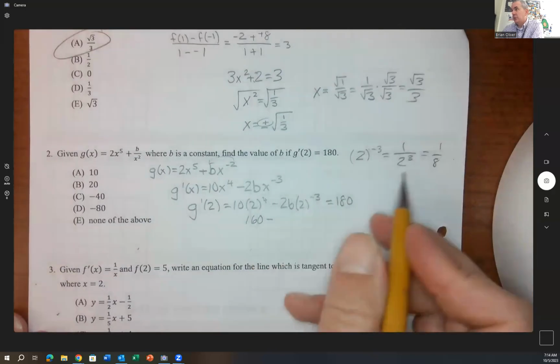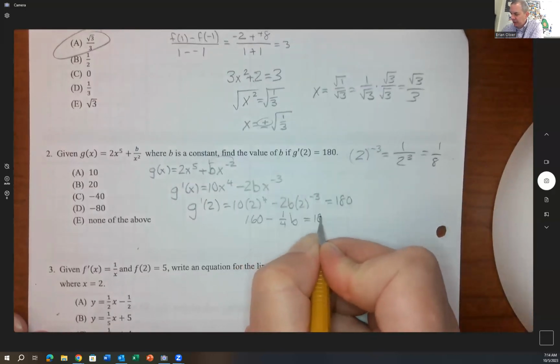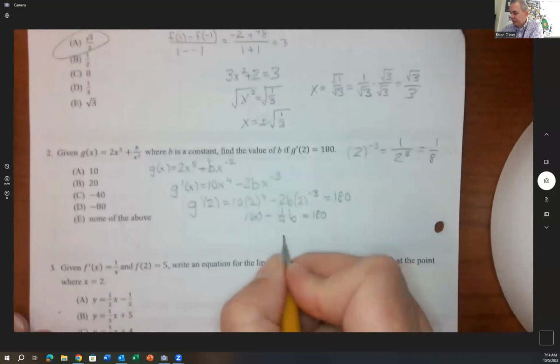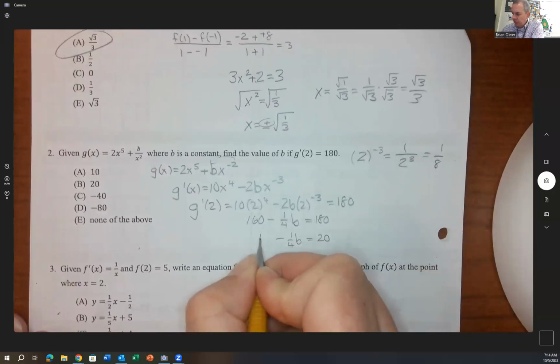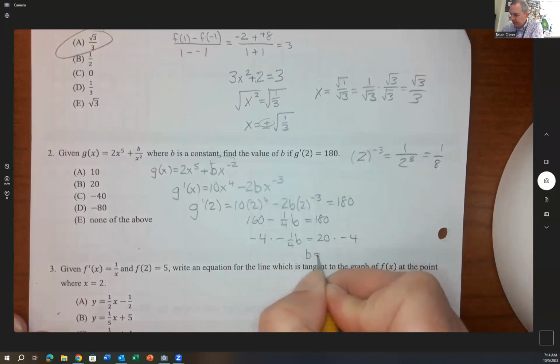So this becomes 2 times 1/8, so this becomes minus 1/4 b equals 180. We're going to use algebra again, subtract 160 from both sides. We get -1/4 b equals 20. We're going to multiply both sides by -4. And b is going to equal -80.